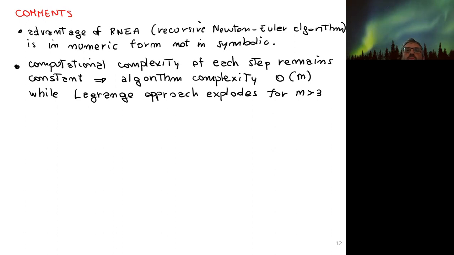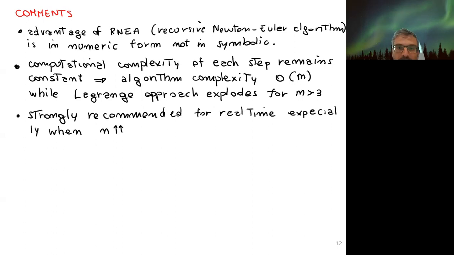So the computational complexity is linear because if you double the number of joints, we will have double the number of the same operation of propagation. So there is no increase in complexity, while the Lagrangian approach explodes for a very small number of joints, and it's combinatorial. It becomes exponential complexity, I think.